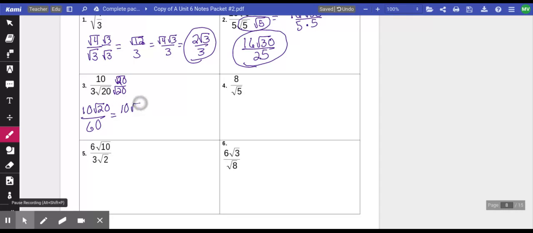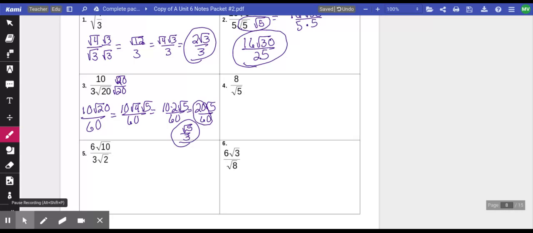So that's 10 radical 4, radical 5 over 60. Radical 4 is 2, so that's 10 times 2 radical 5 over 60. 10 times 2 is 20, radical 5 over 60. 20 over 60 can be reduced to 1/3. So it's radical 5 over 3.